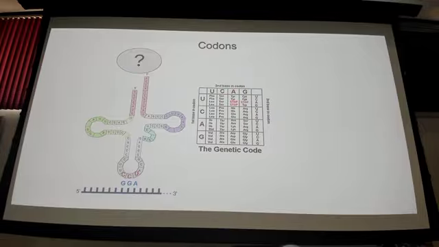Second position is a G. Now we're in this quadrant down here. They're all glycine, so it doesn't really matter what the third position is. But as it happens, that A is right there. So we're looking at that glycine right there. It's glycine. So lots of permutations of questions that can be asked, but it's simple. As long as you understand what we just talked about there, you'll be fine.